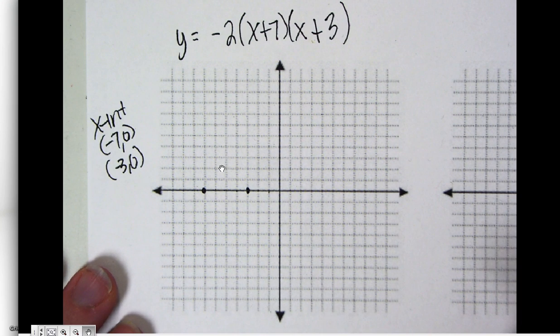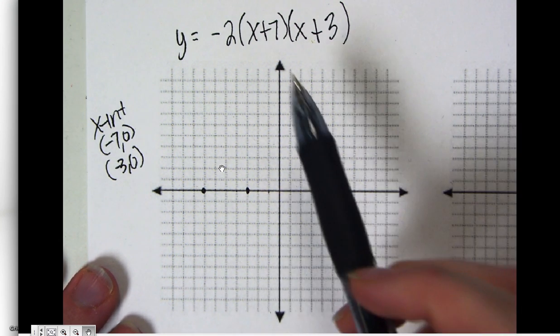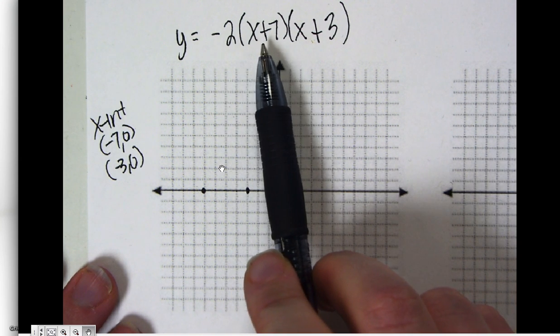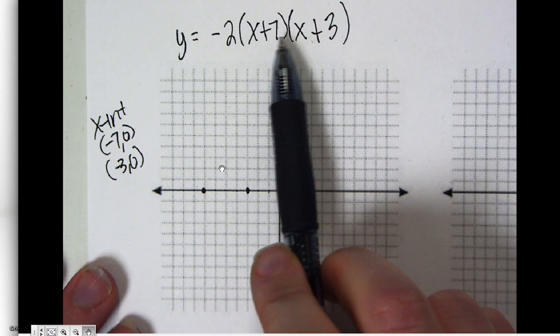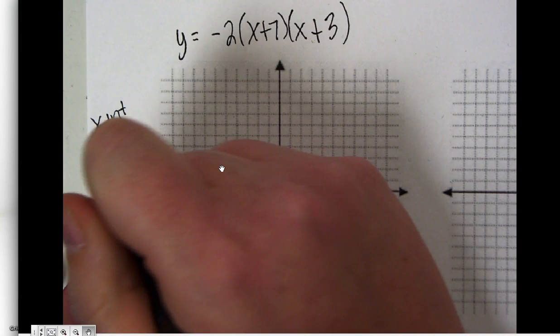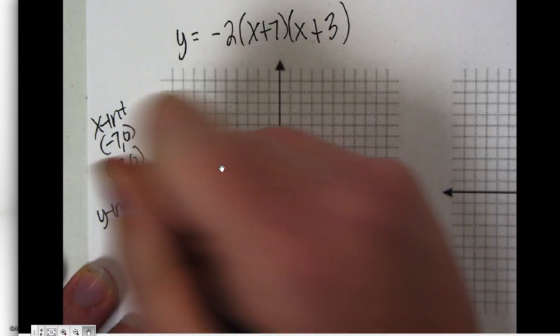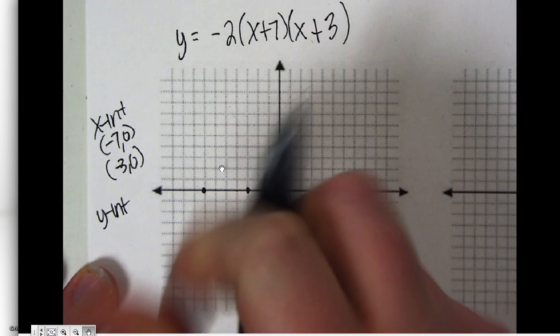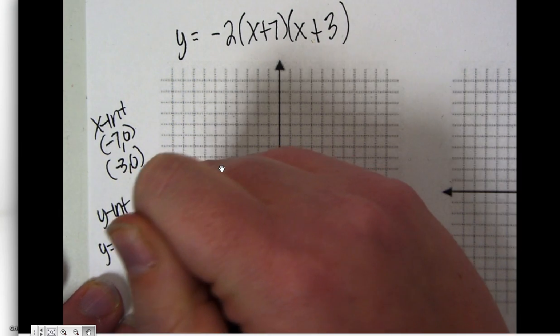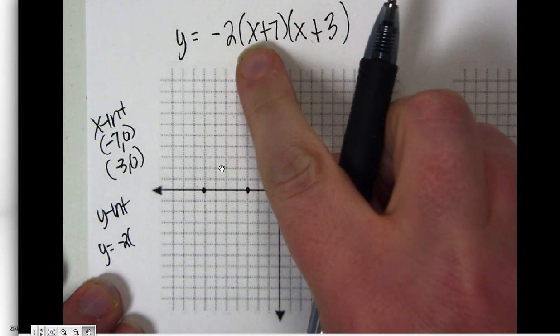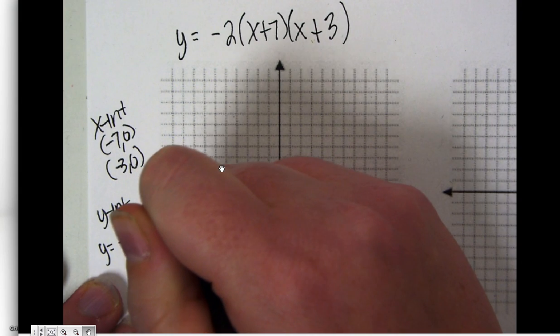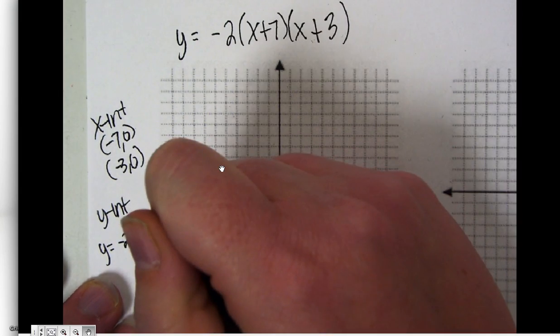Okay. I didn't put it on our list, but we could also find the y-intercept, right? So the y-intercept is when x is 0. So if we put an x value of 0 in, we would get negative 2 times (0 plus 7) times (0 plus 3).